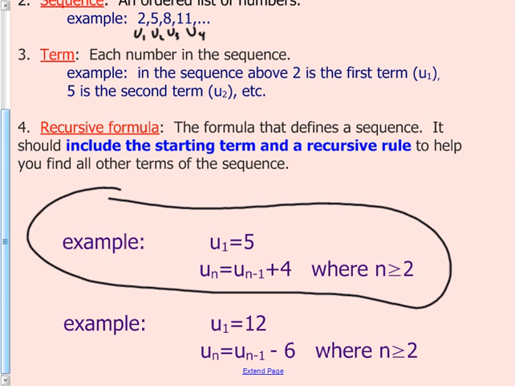Does that make sense? Would you agree that usually when you count, you start with the number 1? So U sub 1 is the logical first term. Now, would you agree that you could start with U sub 0? You ever heard of starting at 0?